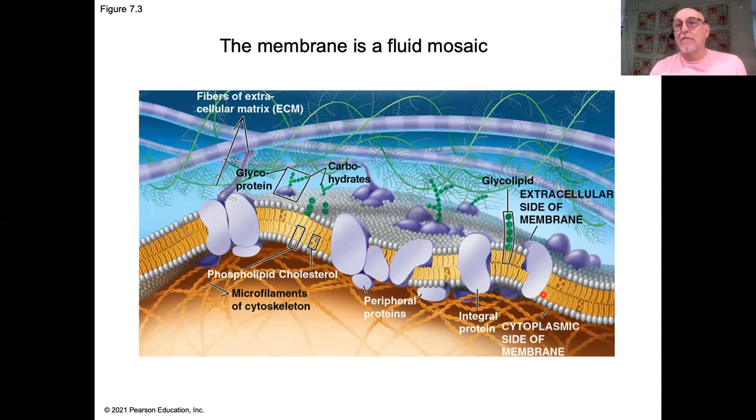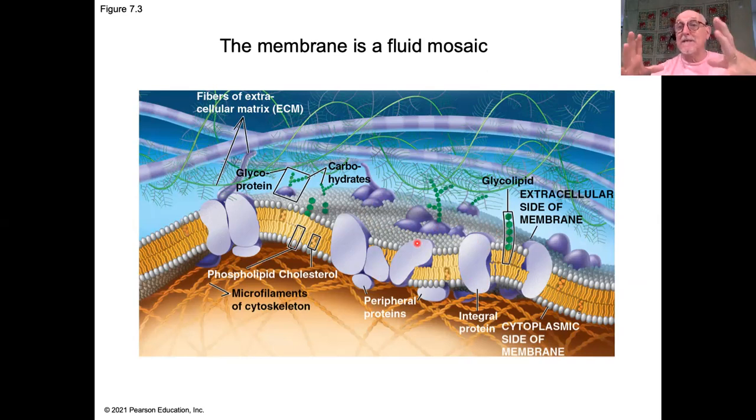Remember what we talked about before about the motor proteins operating together with the cytoskeleton. They can actually grab these proteins and move them around inside the fluid phospholipid. If a particular type of protein is needed in one part of the cell or another, it can be actively moved.